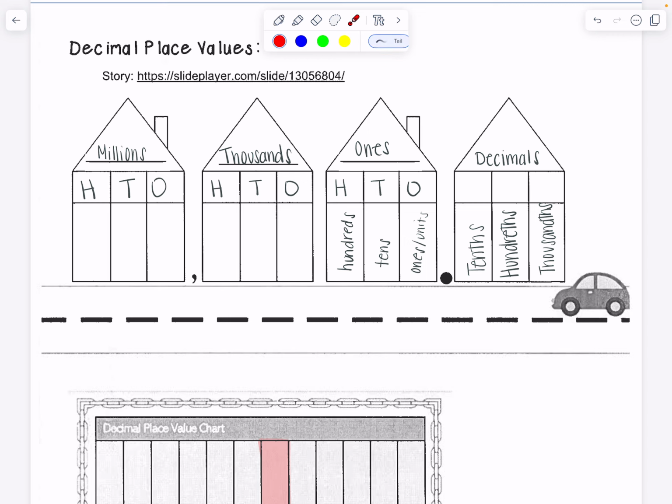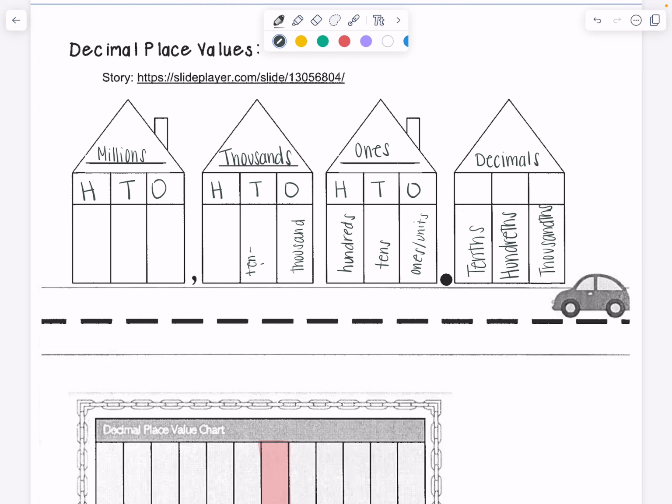So in the thousands house, I'm going to have 1,000, 10,000, 100,000. And then the same thing in the millions.